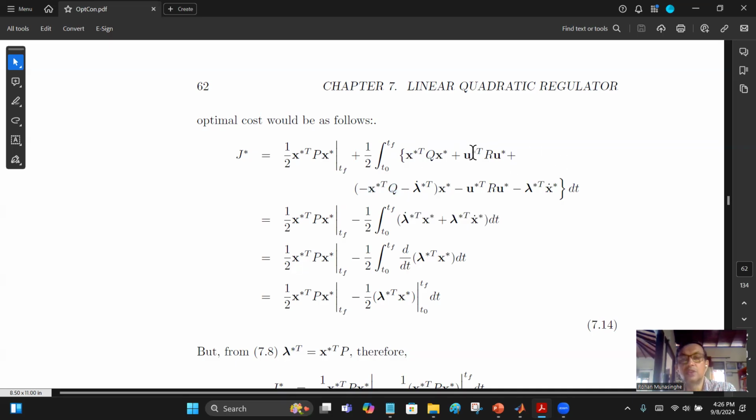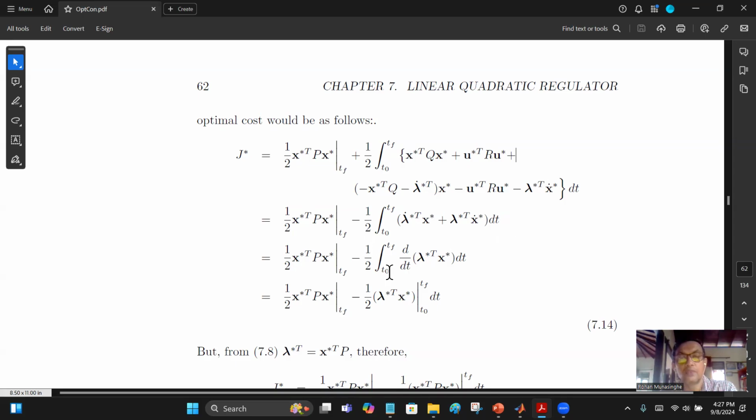And u transpose R u, u transpose R u, that also cancels out. So you are only left with lambda dot transpose x plus lambda transpose x dot. Okay. Now the cost expression reduces its size, its length.